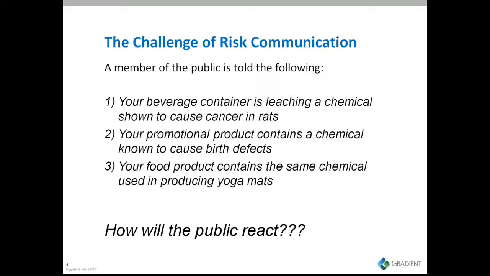Now, as a starting point, I just wanted to give you some perspective. It certainly can be challenging to communicate some of these health risk concerns to the public.